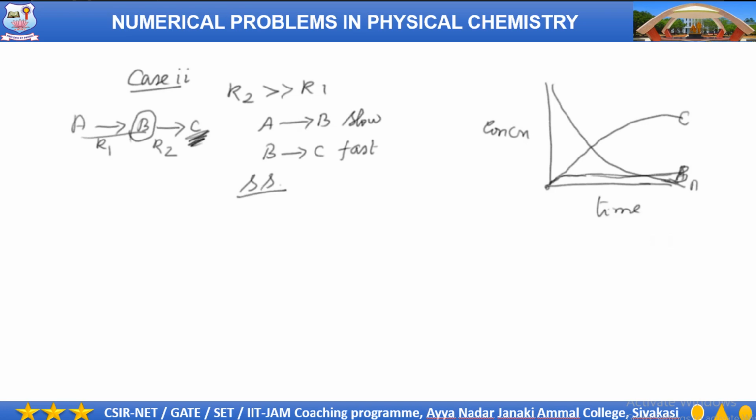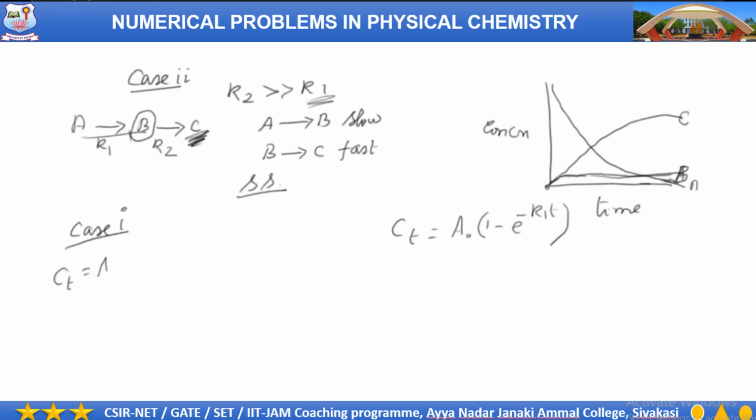Under the steady state hypothesis, the concentration of C at time t is given by the initial concentration A0 into e power minus K1 t. Your rate now depends on K1, because it is the slowest step. For case 1, I forgot to give the concentration of product at time t.